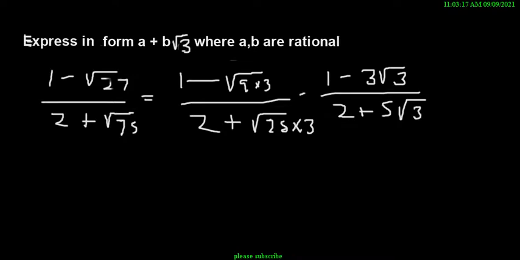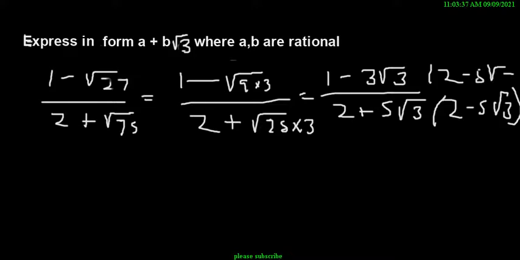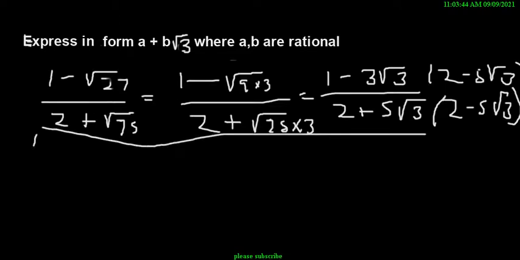And from here now we can rationalize the denominator by the conjugate, which is 2 minus 5 root of 3. And we can further say, okay, 1 times 2, that's going to be 2.